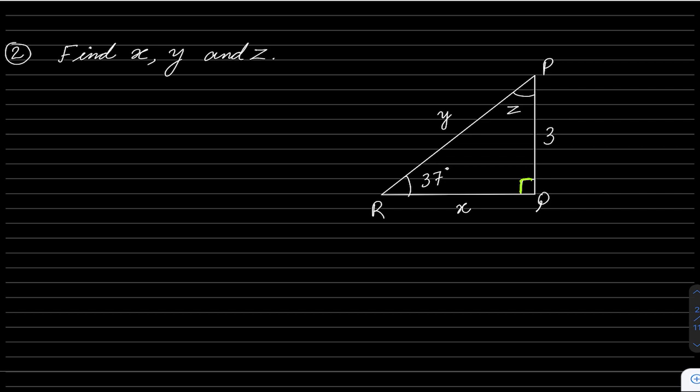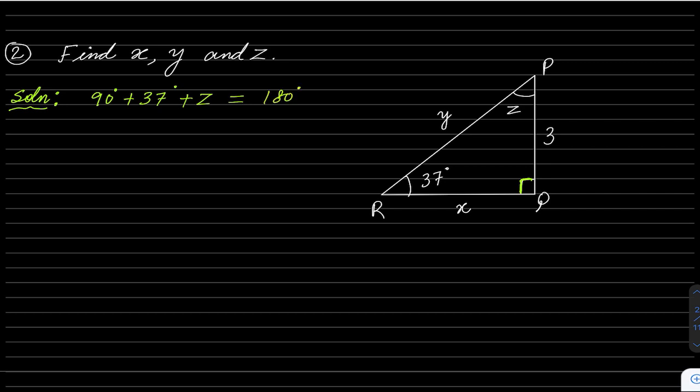Okay, a couple of things I can see just by looking at the diagram: we know it's a right angle triangle. What happens in a right angle triangle, or in any triangle basically? The sum of all the internal angles of a triangle is 180. So I can say 90 degrees plus 37 degrees plus angle Z is equal to 180 degrees.